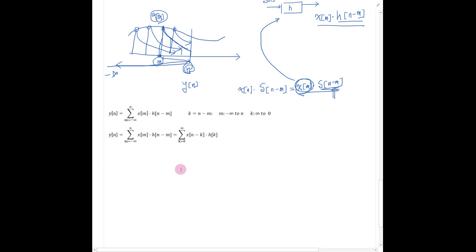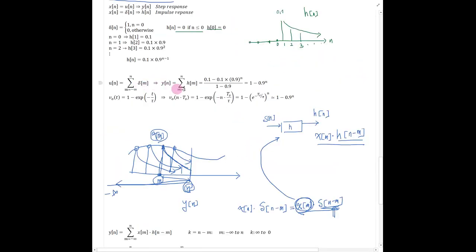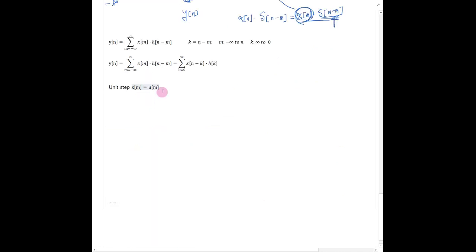At this moment, I would like to calculate the unit step response. In the case of unit step, I mean that the input x[m] equals the unit step. Then we know the unit step response output. So if x[m] is a unit step, what will happen?